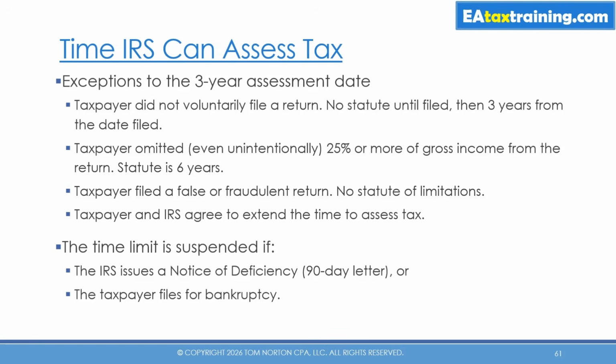If the taxpayer omitted 25% or more of their gross income from the return, then the statute is 6 years instead of 3 years, even if the omission was unintentional. So you had some income, you didn't realize you were supposed to include it in your tax return, maybe. It was 25% or more of your gross income. The IRS has 6 years instead of 3 years.